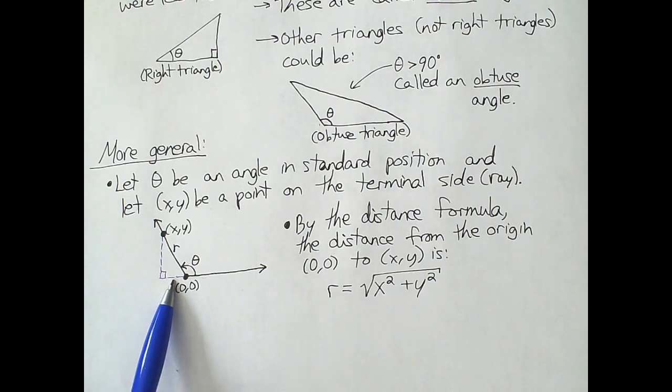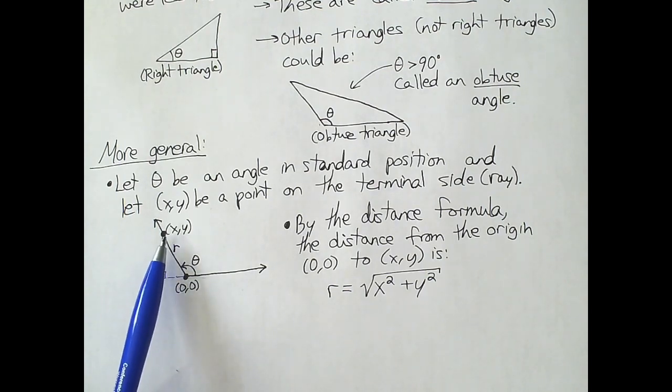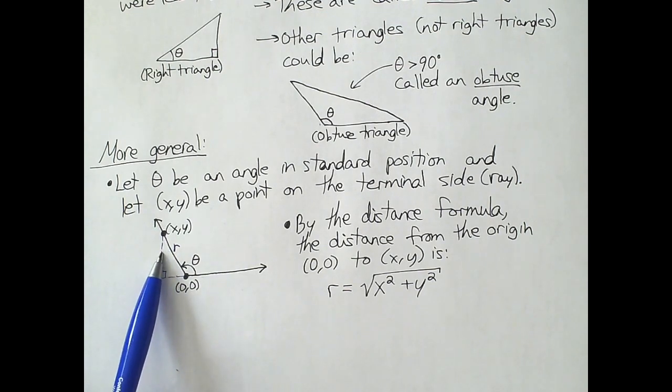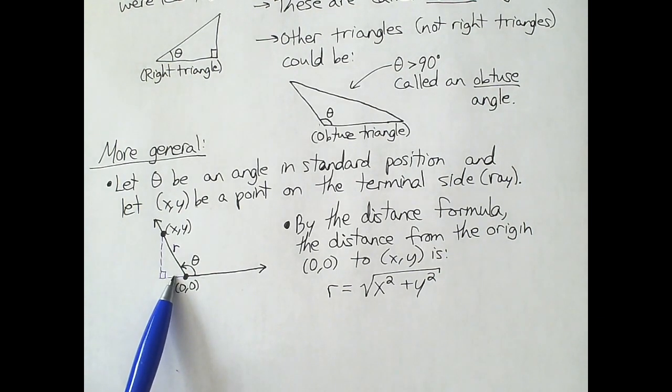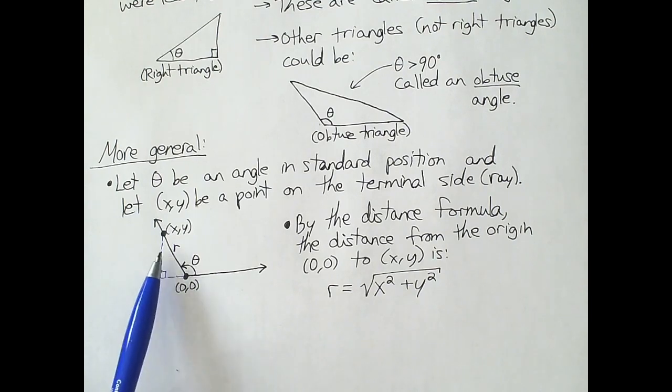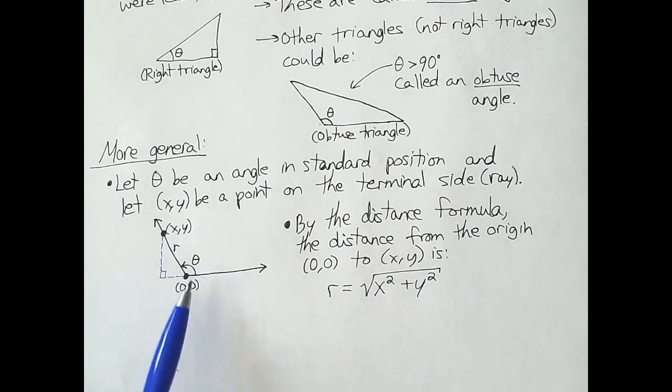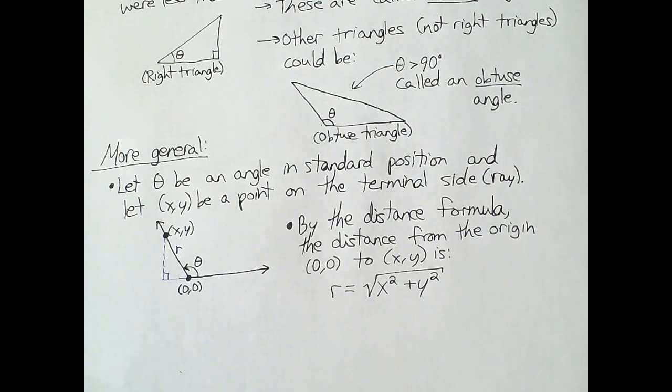It would be x, right? And what's the side length here? This would be y. This length would be positive x, because a length can't be negative, and this length would be positive y. So we have a right triangle with side lengths x, y, and r. It's a right angle. Okay, so we know lots of things about right triangles.